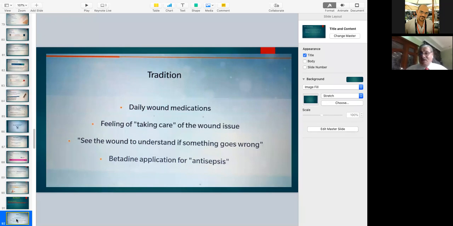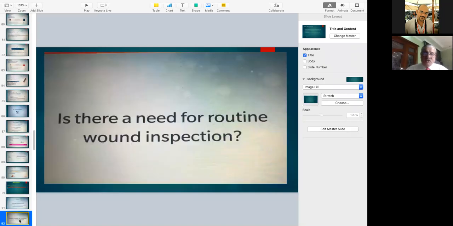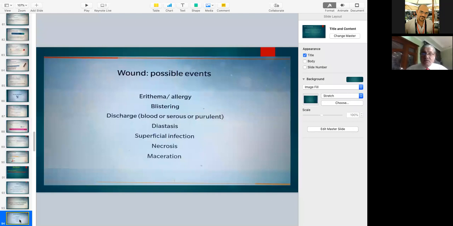This is the tradition used by surgeons when doing hip and knee surgery, getting the feeling that they must be near the wound for checking. So, is there a need for routine wound inspection? This is a very important question. What events do you think you will see in the wound when you are doing total knee replacement or total hip replacement?